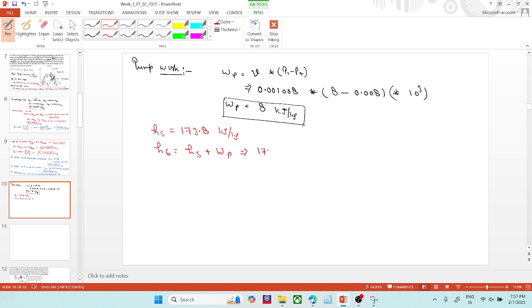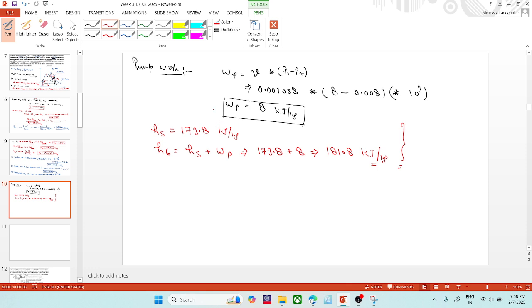So this would be 173.8 plus 8, value will come 181.8 kilojoule per kg.